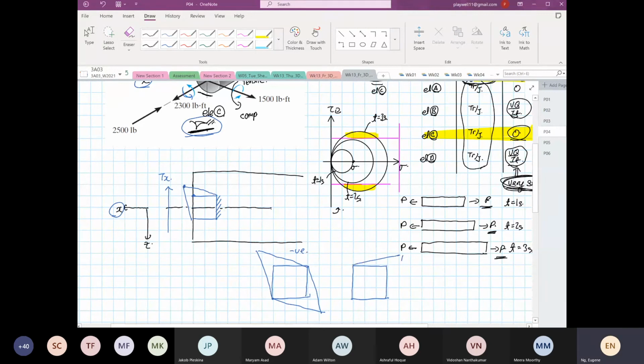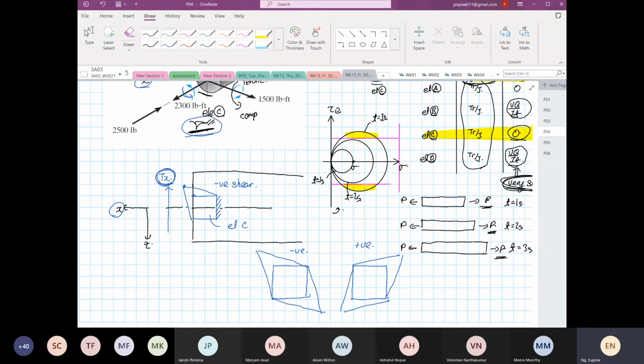And then this is positive shear. So if we look at our element now, our element is under what? Negative shear. Okay, this is our element C. Why? Because the shear, the torque, is going up that direction.